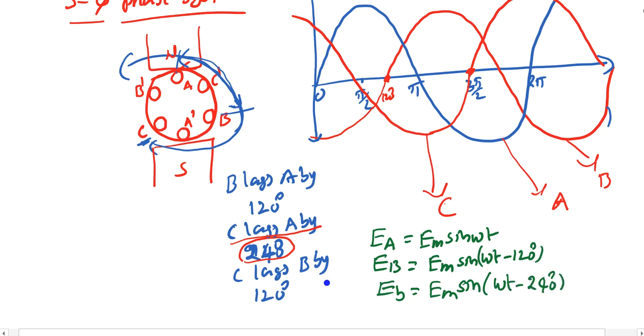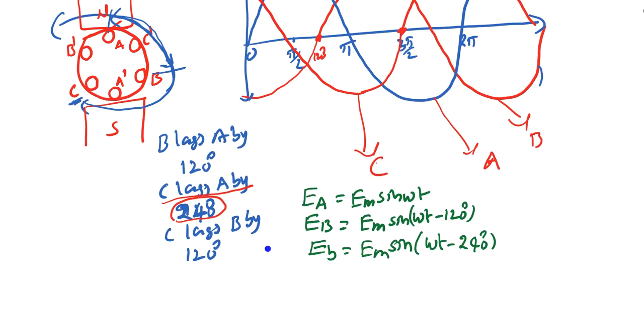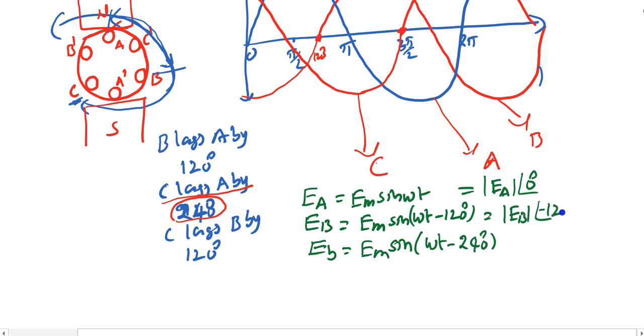This is the sinusoidal trigonometrical form, or you can go into polar form: EA with magnitude at 0 degrees, EB with the magnitude at minus 120 degrees, and EC with the magnitude at minus 240 degrees. Like that also you can write here.